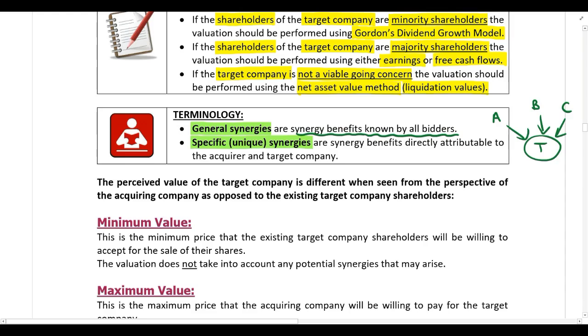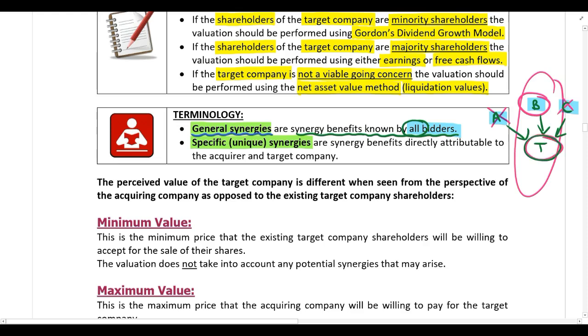Now, general synergies are synergies that are known by all bidders. So all of these bidders over here, if they know about the synergy benefit, then it is a general synergy. However, let's say in the example that you are looking at, you are not aware of Company A or Company C. You've been given this information over here, and you've been told Company B is interested in purchasing shares in the target company.